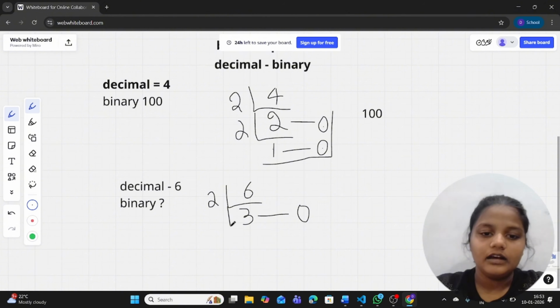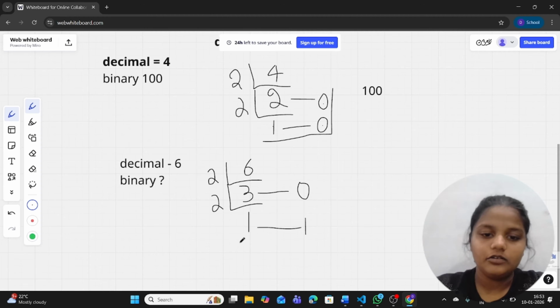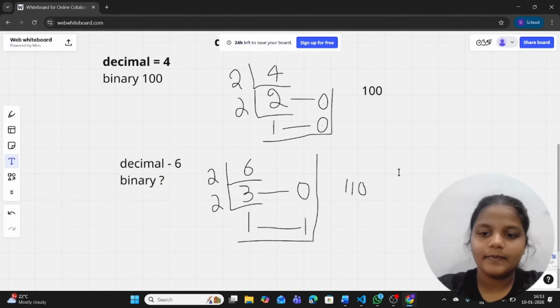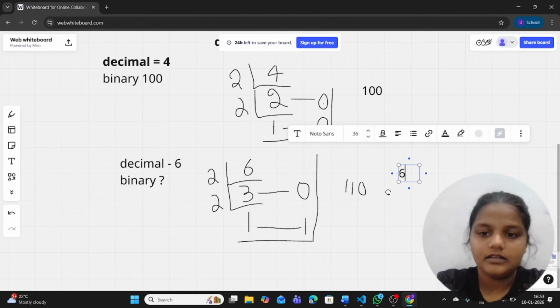Then again we divide it by 2. Two 1s are 2, the remainder is 1. Now we look from downwards to upwards, so we get 1 1 0.